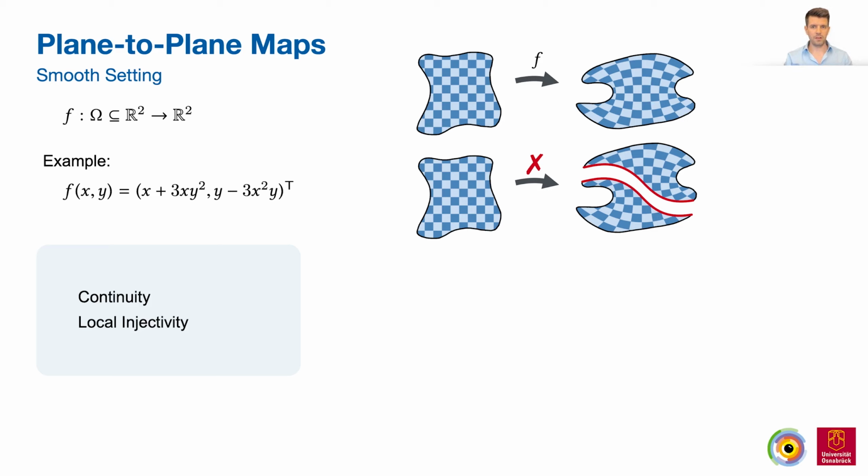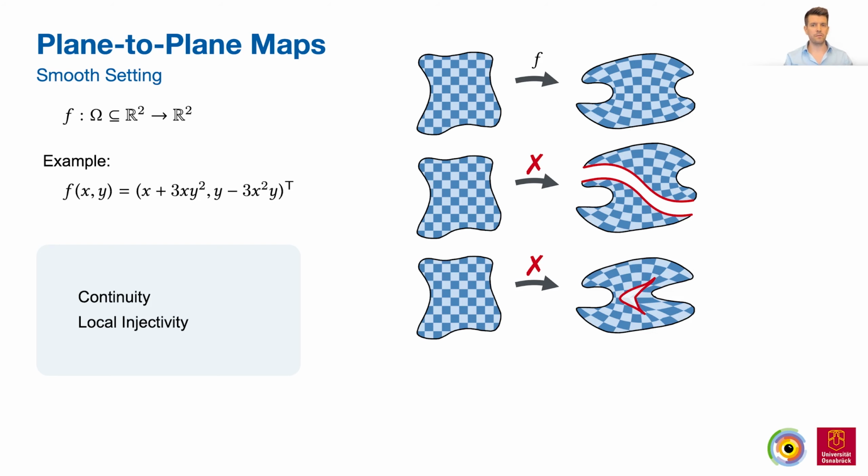A map is locally injective if around each point in the domain there is some neighborhood, maybe tiny, on which the map acts injectively. That is, no 2 points are mapped to the same location. Or in other words, there are no foldovers. The local neighborhood is not folded onto itself when the map is applied.